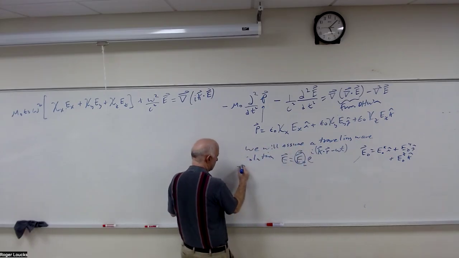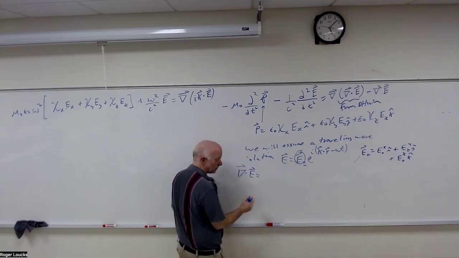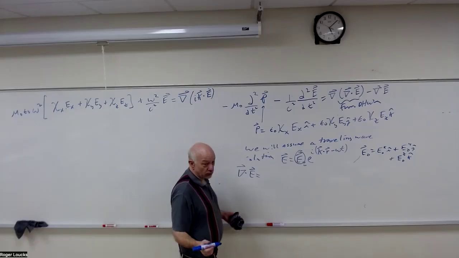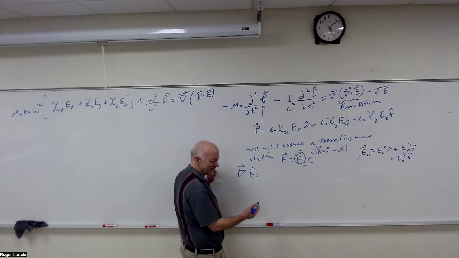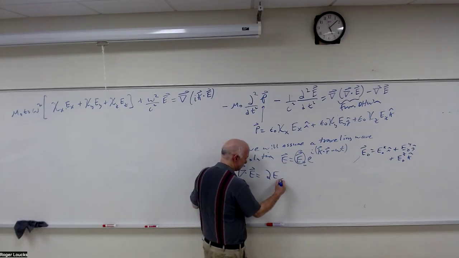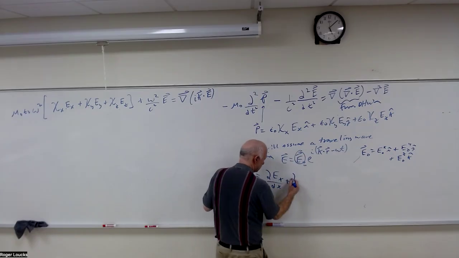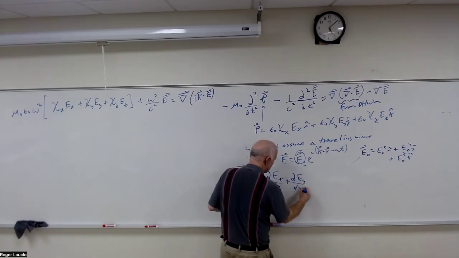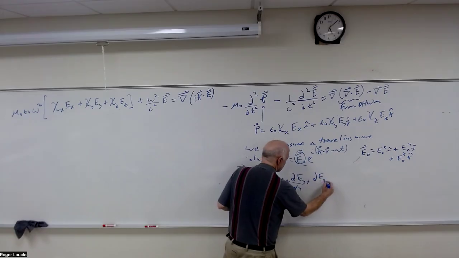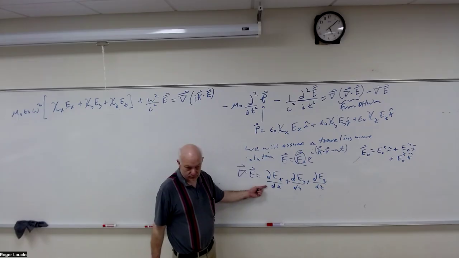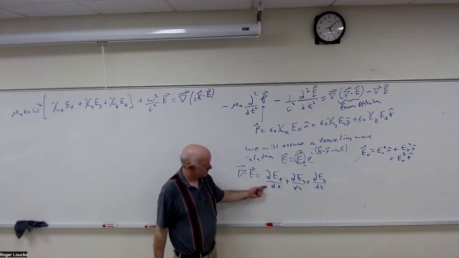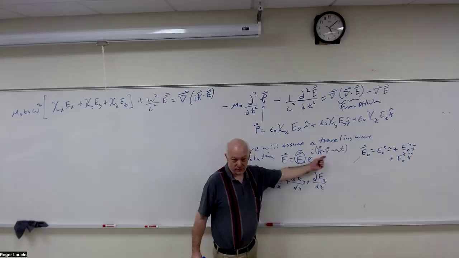When I have a gradient like this, and then the divergence, what does this equal? Where is the x dependence in here?